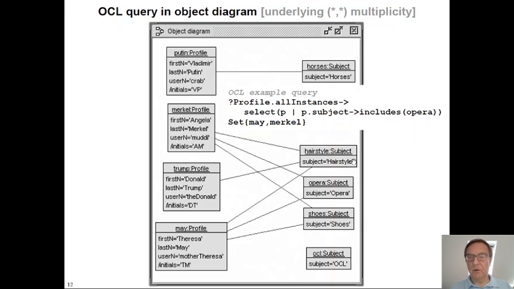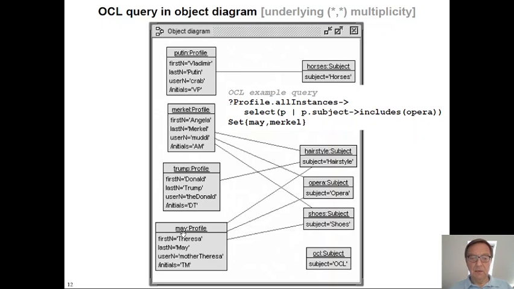One part of the formula is the computation p.subject. For example, if p is equal to Trump, then p.subject is equal to the set hairstyle.